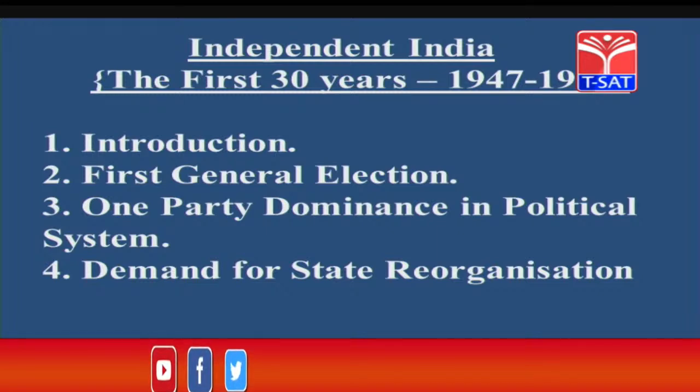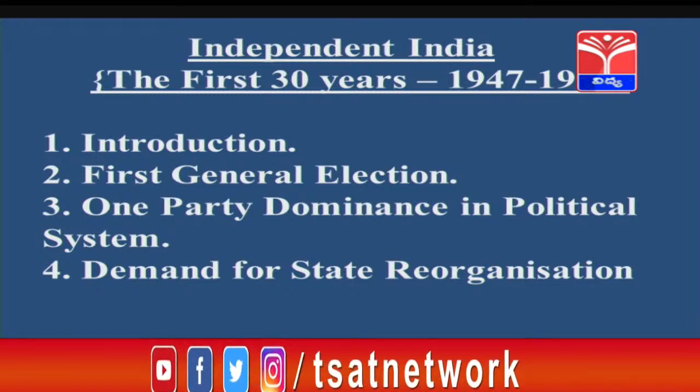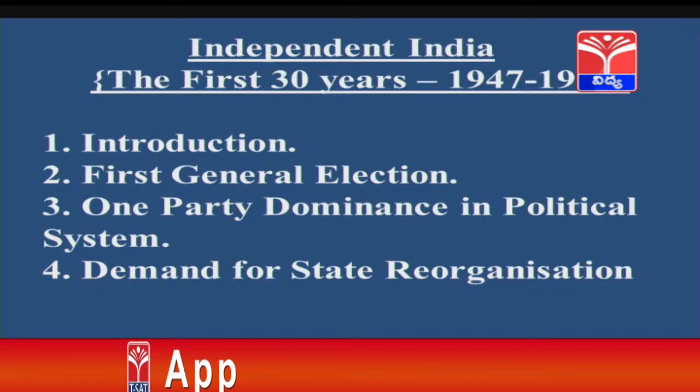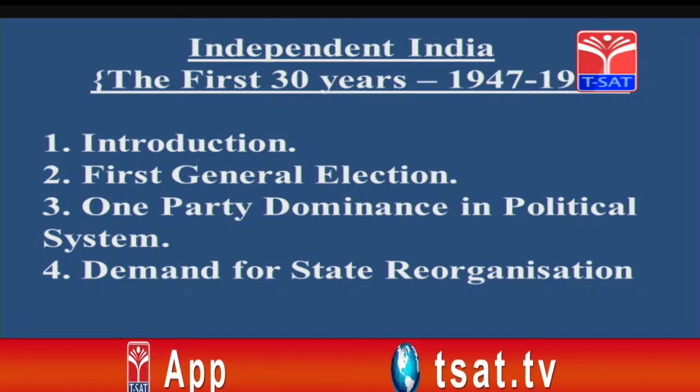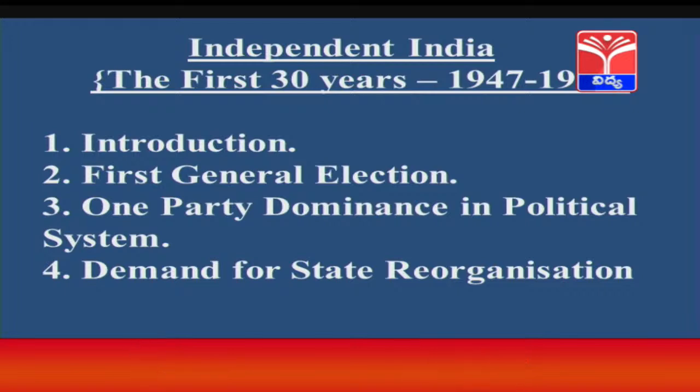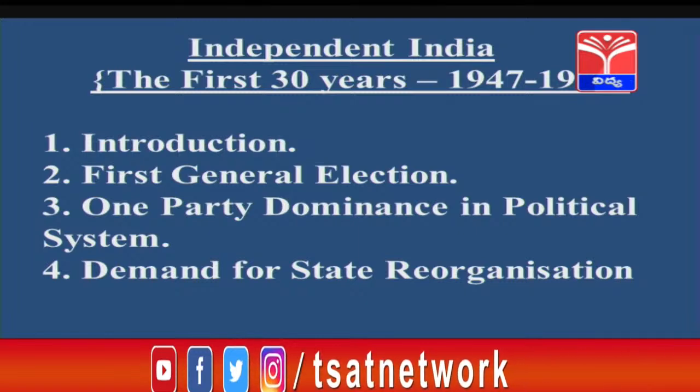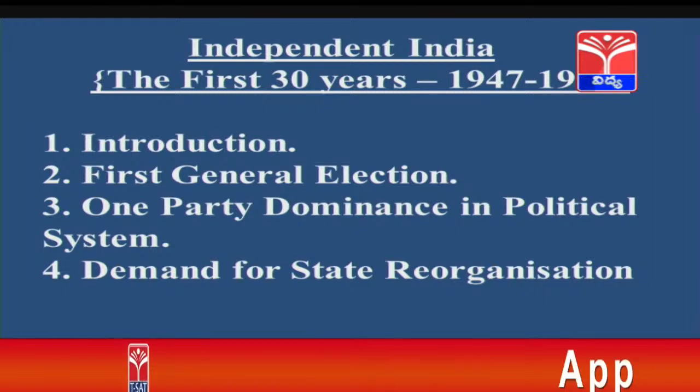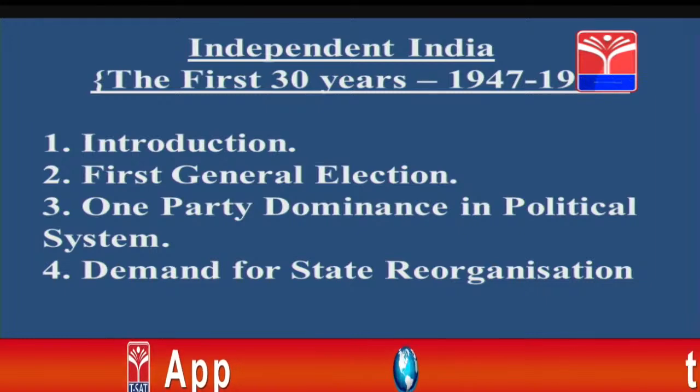And soon after the constitution came into existence in the year 1950, how our first general elections took place, and after that India was dominated by only one party, the Congress party, one party dominance in the political system. And next we will be learning about the demand for state reorganization, which was the major challenge before our leaders.